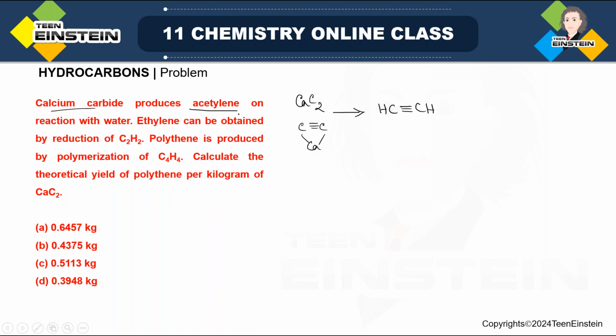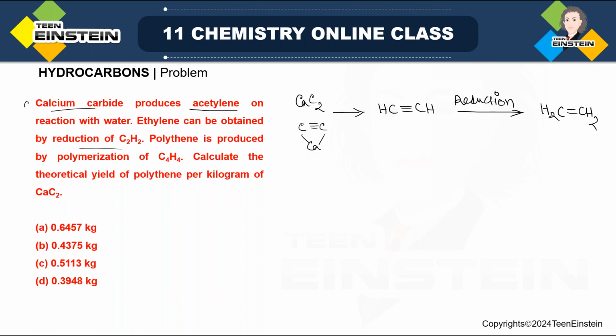And the next reaction is ethylene can be obtained by reduction of C2H2. So if I do reduction of this acetylene, we can get CH2=CH2. Fine. So ethylene can be obtained by the reduction of C2H2.